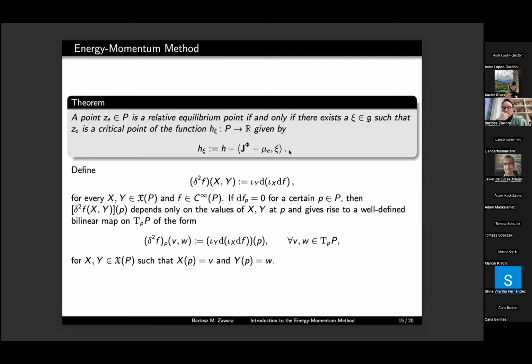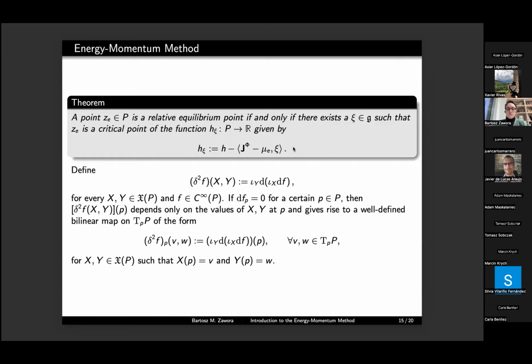So now you can take a look at this and conclude that this theorem is nothing else than the Lagrange multiplier theorem, written in a slightly different form, where the element ξ in the Lie algebra plays the role of the Lagrange multiplier, right?